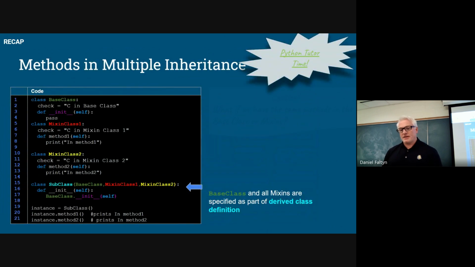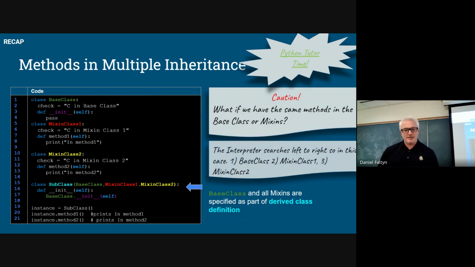When we have those mixins, the syntax here, my base class, my subclass or my derived class, inside the parentheses, I put all of the classes that I inherit from. You really want to make sure, though, your core base class is the first one that's listed.